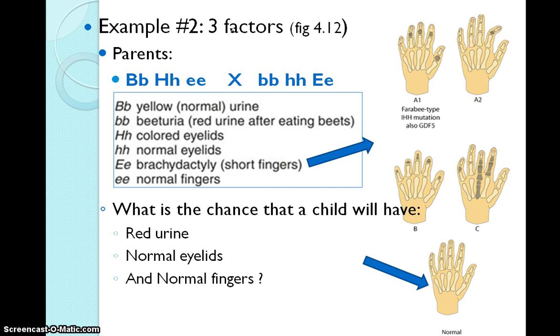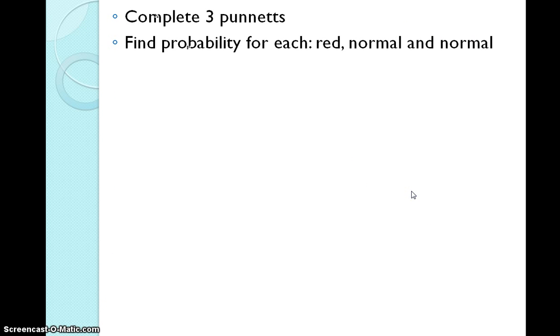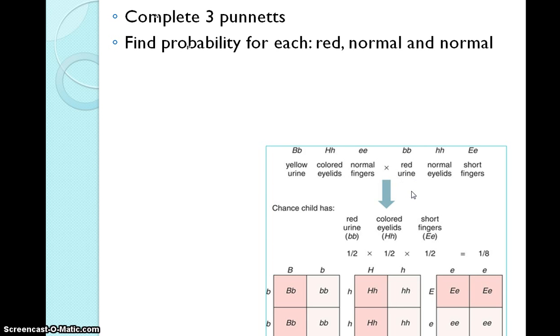So we need to find the probabilities of each and then multiply them together. We want to find the probability for red urine, that's little b, normal eyelids, little h, and normal fingers, little e. So we're going to have to do 3 Punnett squares: 1 for urine color, 1 for eyelids, and 1 for fingers.